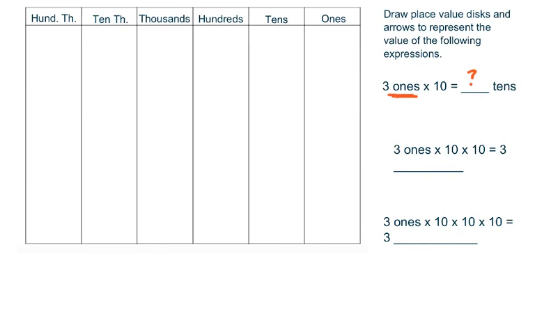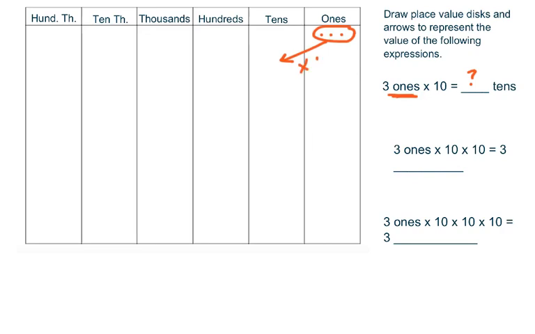So just like before, I want to start with what I know. I know that I'm starting with 3 in the ones. Now, when I multiply by 10, I know that I'm going to end up having bundles because there are 10 in a bundle that we have to send over. But as we gathered towards the end of Module 1 last time, I also know that when I multiply by 10, what that means is that I end up taking whatever it was that I multiplied by 10 and shifting it over to the column to my left.